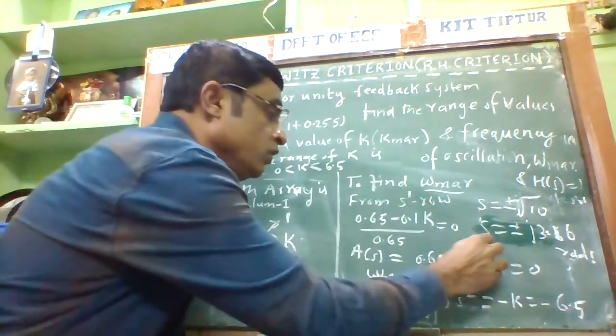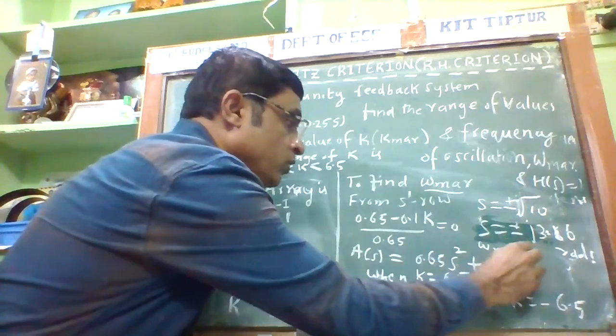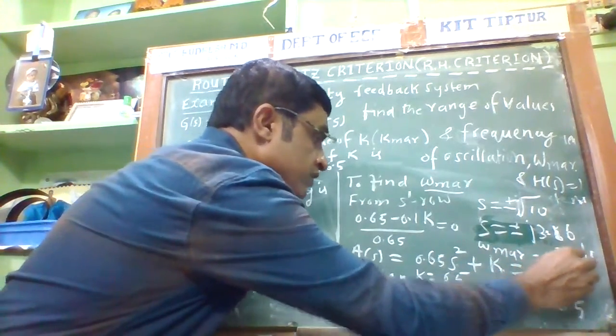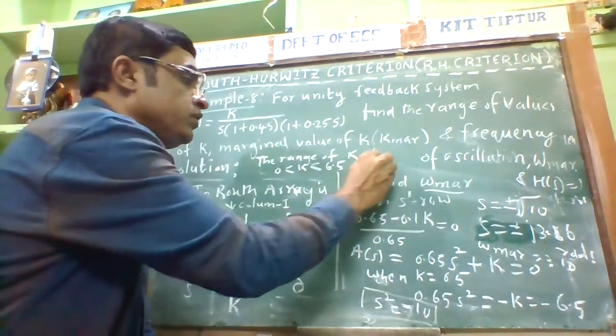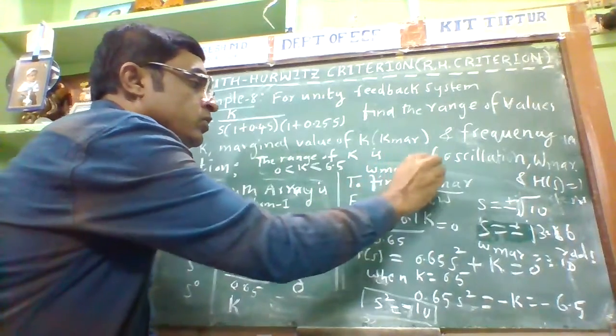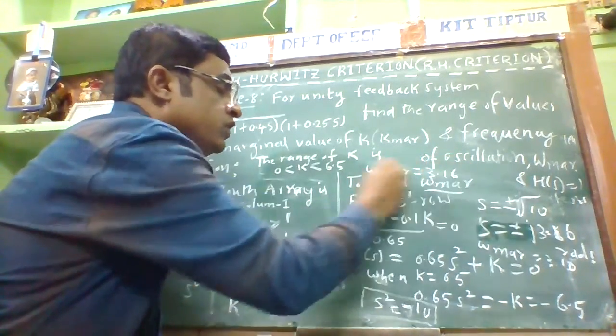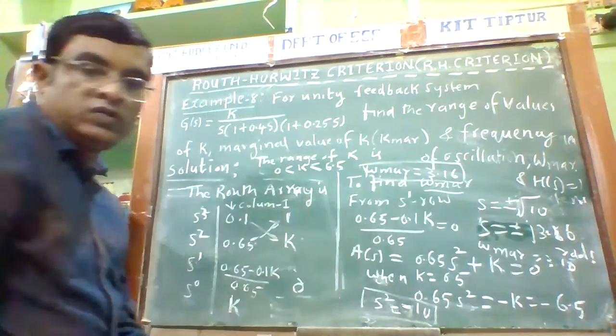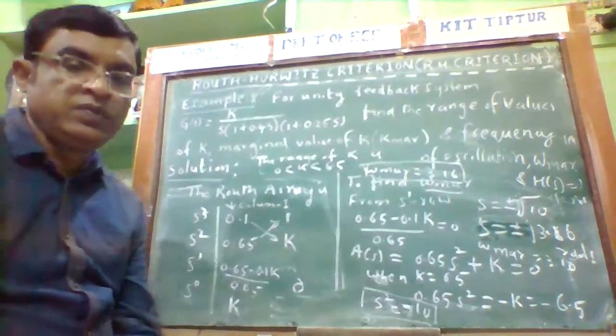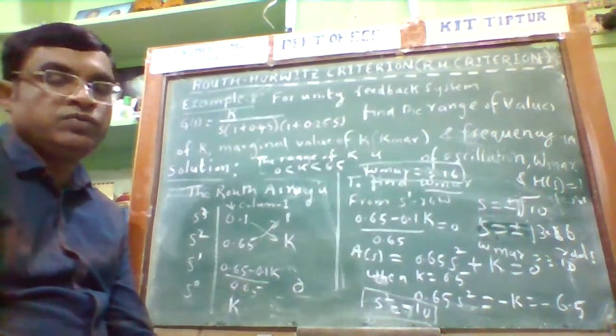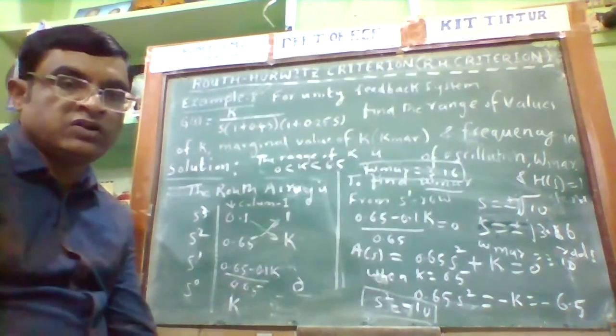Therefore omega margin is equal to 3.16 radians per second. This is the way of finding the K value and also the frequency of sustained oscillation.